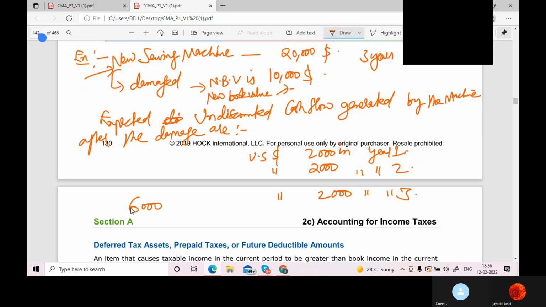Now tell me how much is the sum total of these undiscounted cash flows. Please tell me. 6000, correct? And what is the new book value? 10,000. Are you able to recover your asset value? Please tell me.